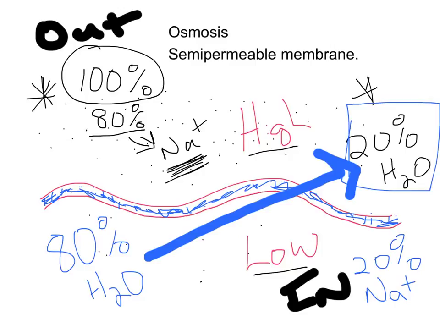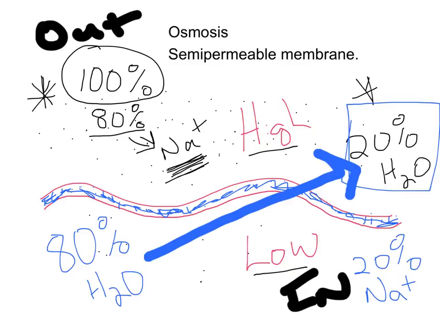Everything, as we said in the beginning, moves from high to low. And yes, the outside is higher solute. That's true. This is a higher concentration of solute, and over here is a lower concentration. Inside is a lower concentration of solute. But the water concentration is higher inside than it is outside. Therefore, the water moves out.